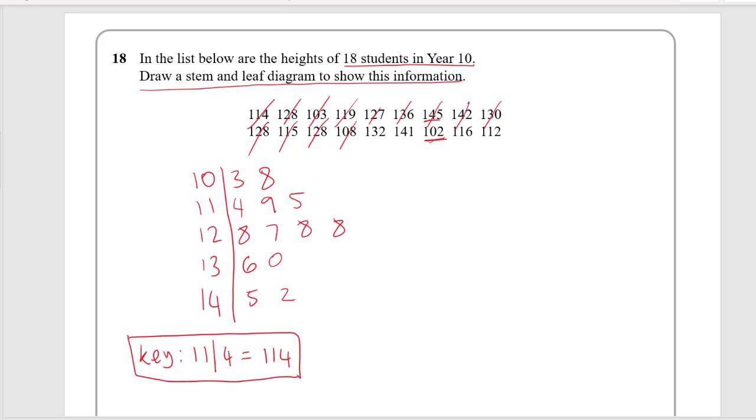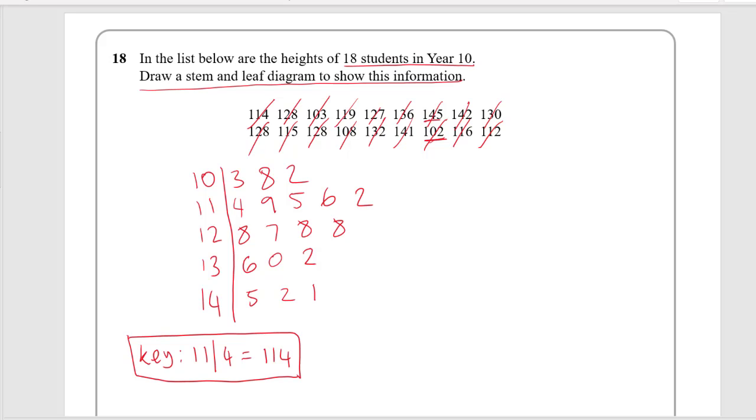We're also going to work out the median and mode as well. The question doesn't ask us here, but we will. You might get one of those. Usually it does ask you to find the median and the mode. Then 116 and 112.